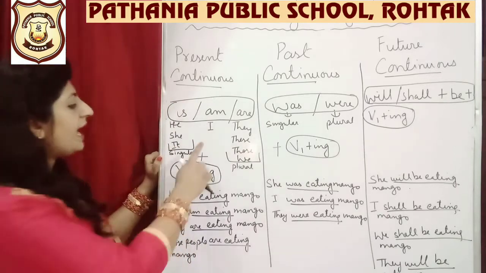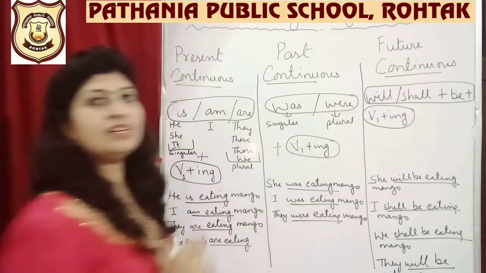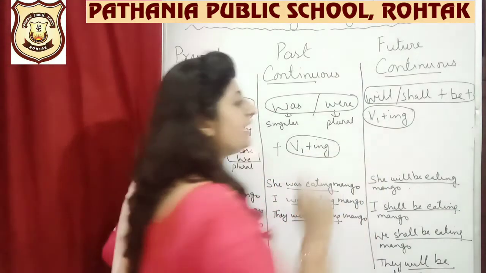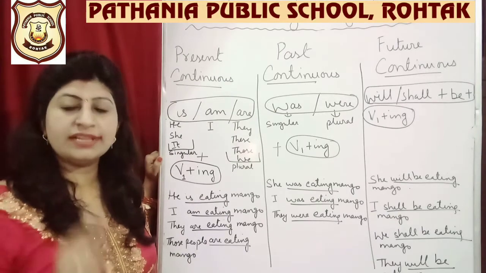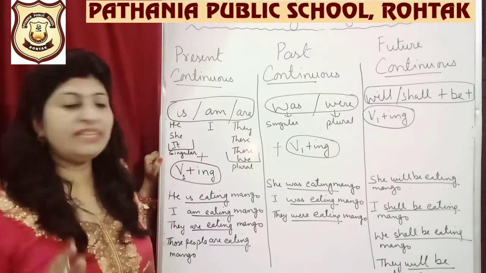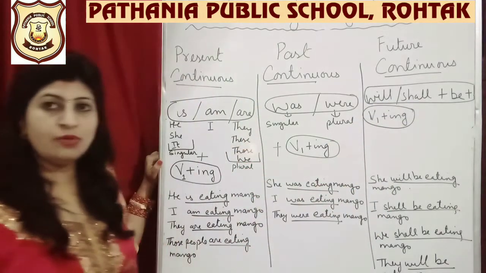You can see I have written V plus ing out here also, V1 plus ing out here also, V1 plus ing out here also. Wherever you see the word future, will or shall will be there. That is why I have written will or shall out here.